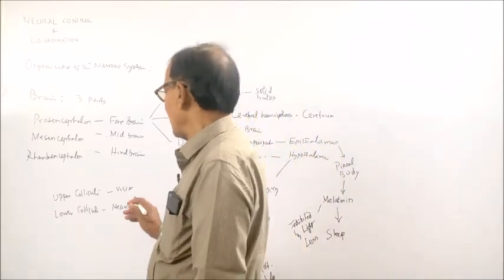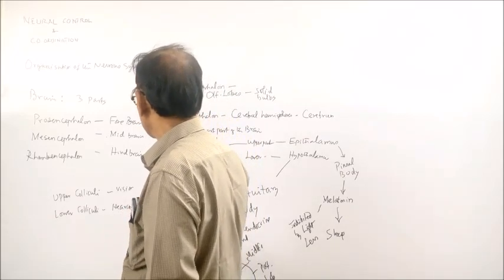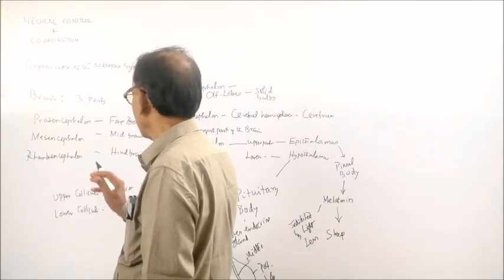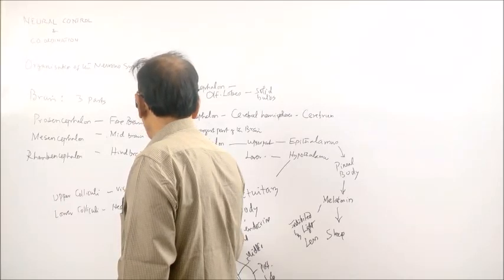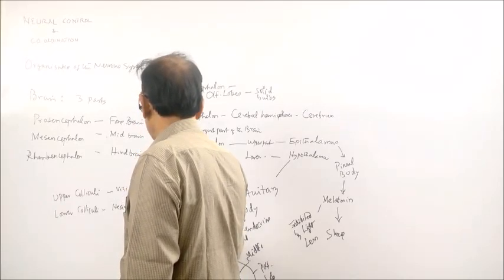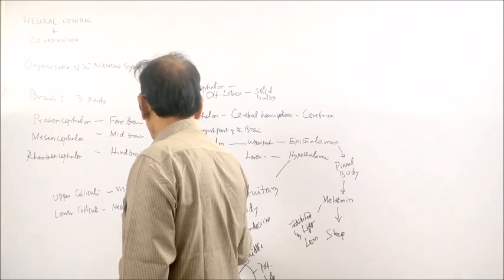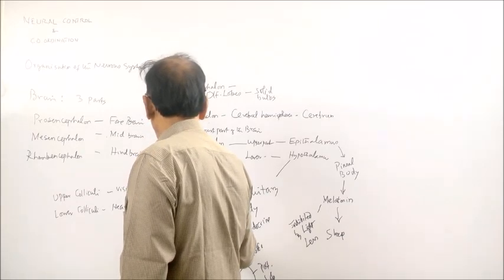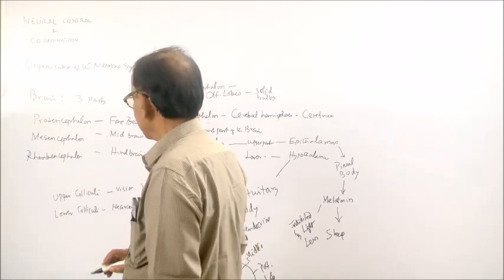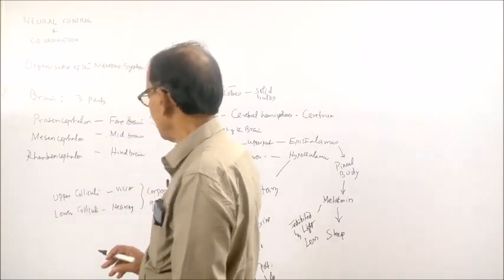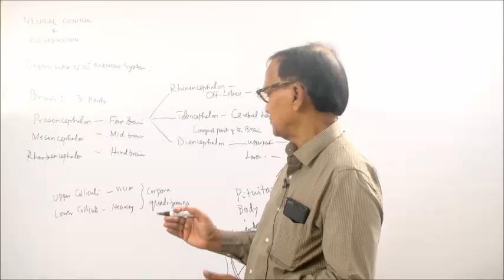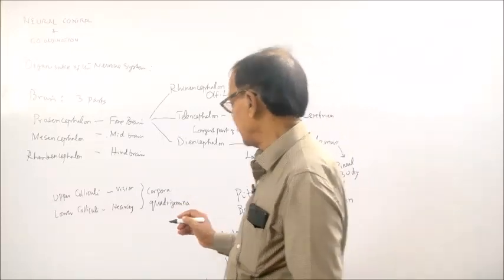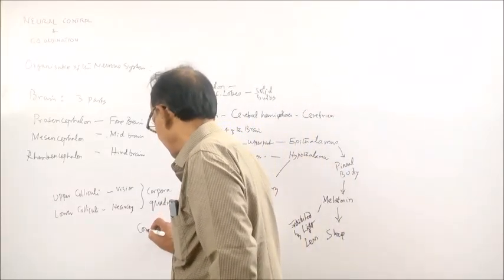And upper and lower together constitute therefore 4 bulgings, or what is known as corpora quadrigemina. And upper and lower of any one side, it has two sides, so any one side is known as corpora bigemina.